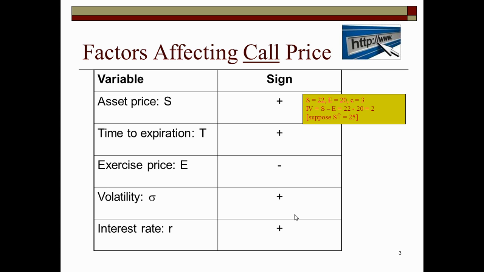A call, of course, would offer you an increased benefit of expiring in the money if the price of the stock jumps right up significantly, because again, as you can see up here, if this stock price were to suddenly move up to, let's say, $40 per share, then the intrinsic value would be 40 minus 20, which is the exercise price, to give you an intrinsic value of 20.